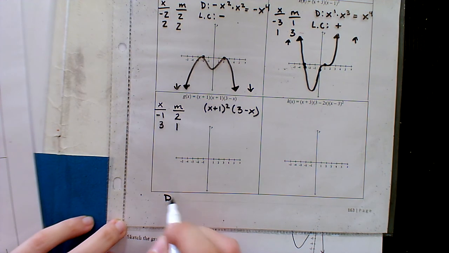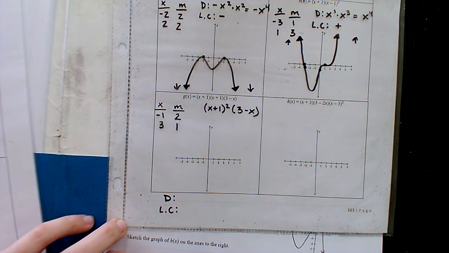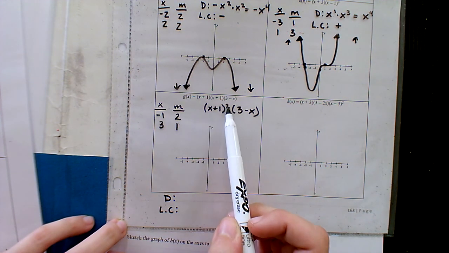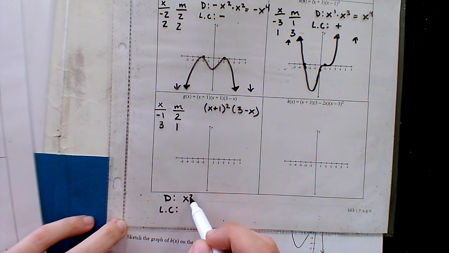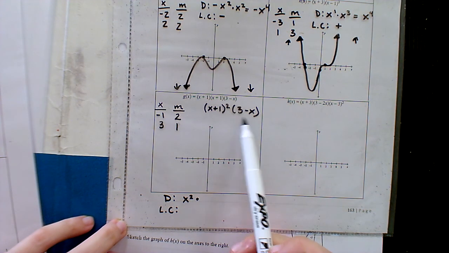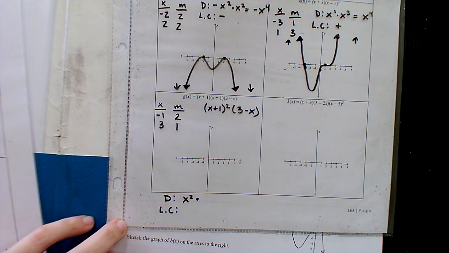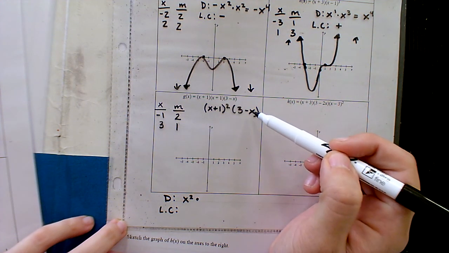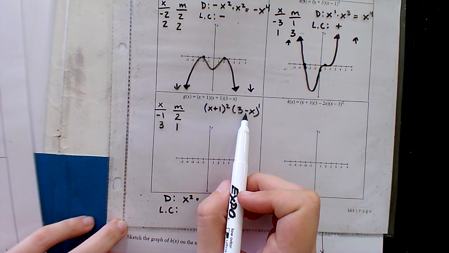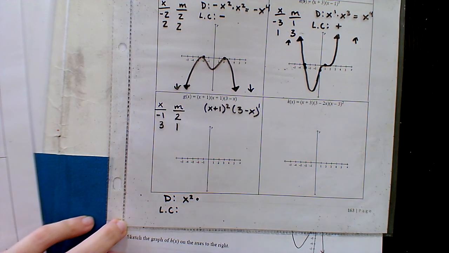Now let's find the degree and leading coefficient. Looking at our powers, we have an x squared times an x to the first, but it's negative.